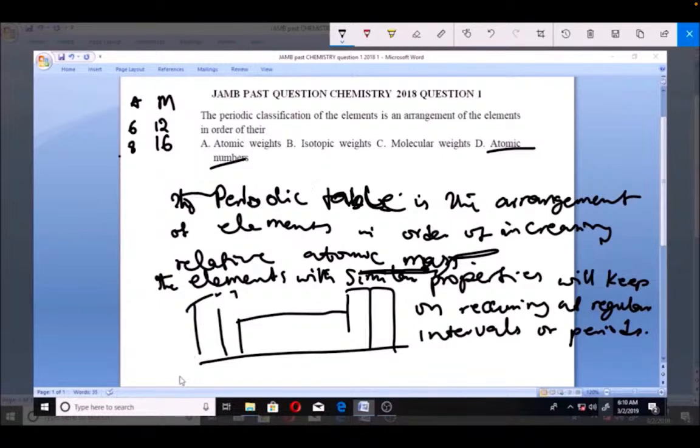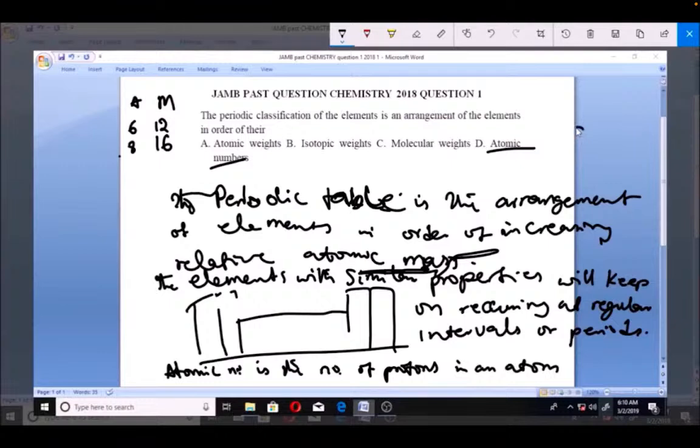Now, it's also important to know that the atomic number is the number of protons in an atom. Whenever you hear the word atomic number, what does it mean? Atomic number is the number of protons in an atom. That is what atomic number is.